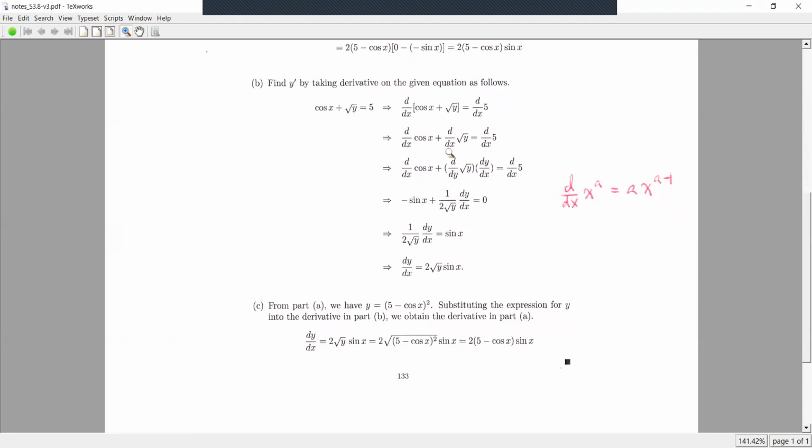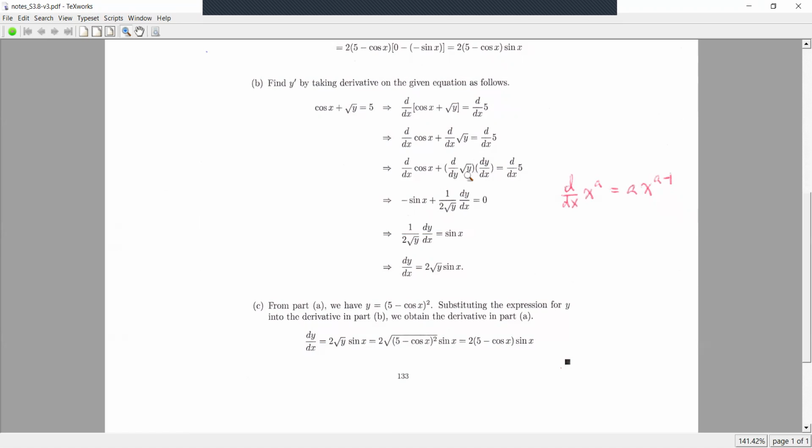Before we can compute this derivative, we need to apply the chain rule. Insert dy in the denominator and dy in the numerator. If we cancel dy, then we can get back here. So, by the chain rule, this derivative is this derivative times this derivative.